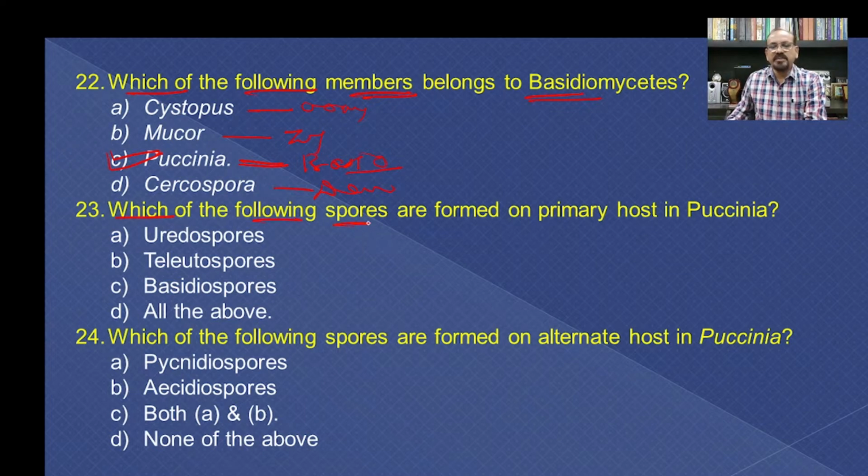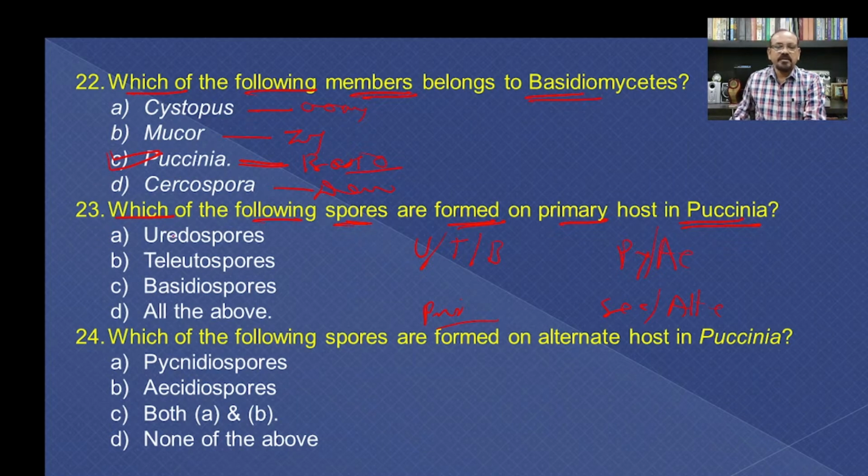Which of the following spores are formed on the primary host in Puccinia? In Puccinia there are two hosts, one is the primary and the second one is the secondary, also known as the alternate host. On the primary host there is formation of uredospores, teleutospores and basidiospores, and on the secondary host there is formation of pycniospores and aeciospores.